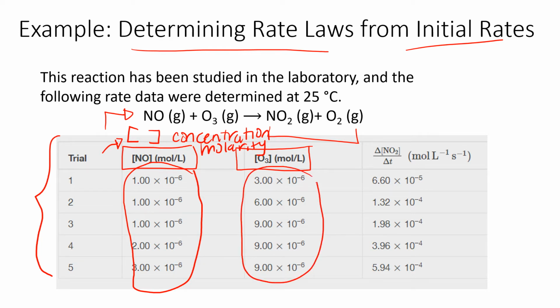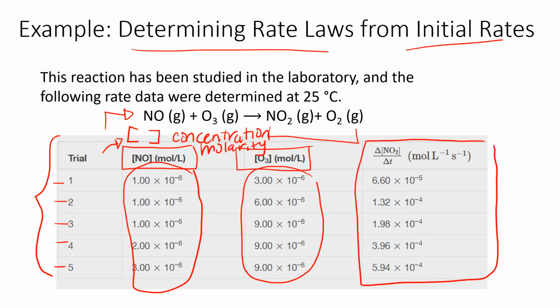And now we have 5 different trials with a bunch of different molarities for both NO and O3 that you are reacting. And then finally, in this column, we have the rate. I know this isn't written out, but as part of this chapter that you're studying on kinetics, you should understand that anytime you have a concentration, so the brackets, divided by time, that is a rate, essentially.